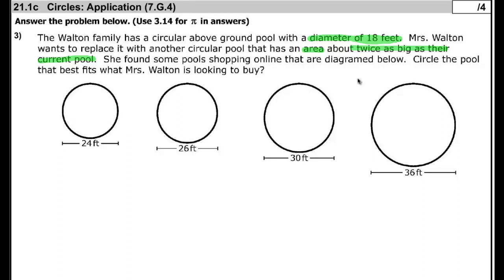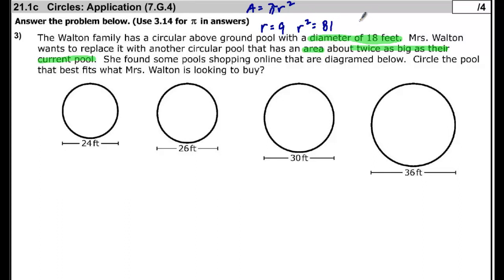So our first step needs to be to find the area of the original pool. Remember, area of any circle is pi times the radius squared. For this circle, the radius is equal to half of that diameter. The radius is equal to 9, which means the radius squared is equal to 81.